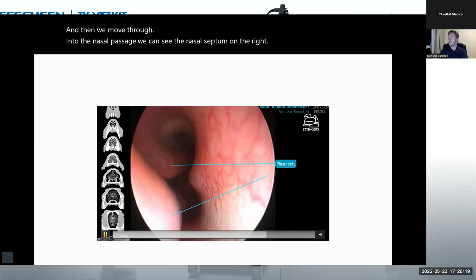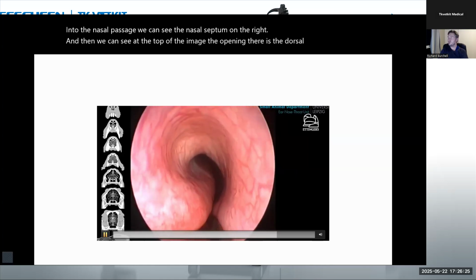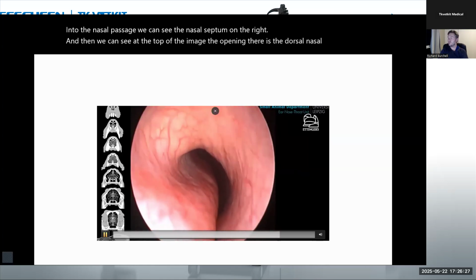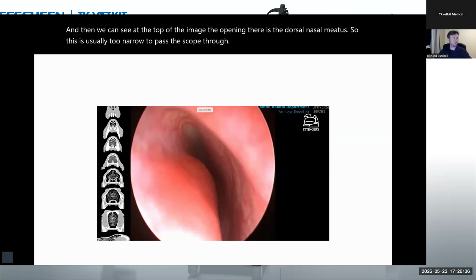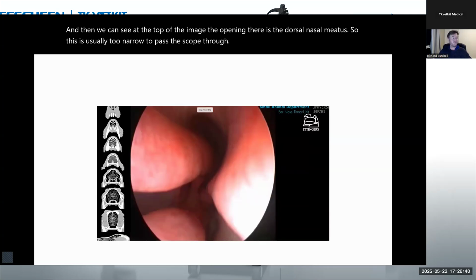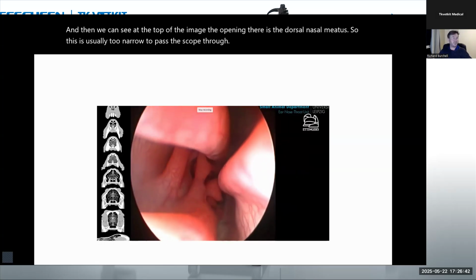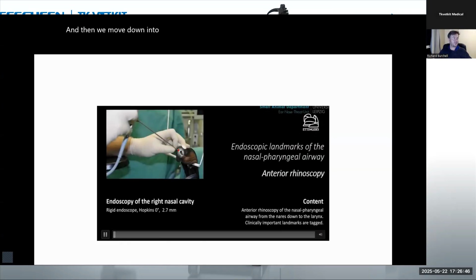And then we can see at the top of the image, the opening there is the dorsal nasal meatus. So this is usually too narrow to pass a scope through. And then we move down into the middle and ventral nasal meatus.